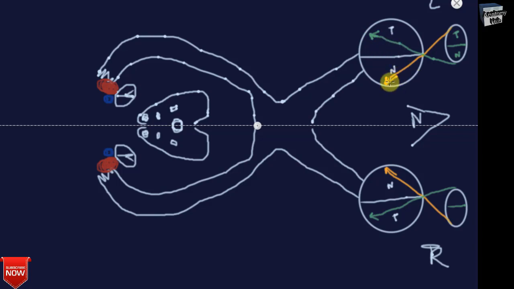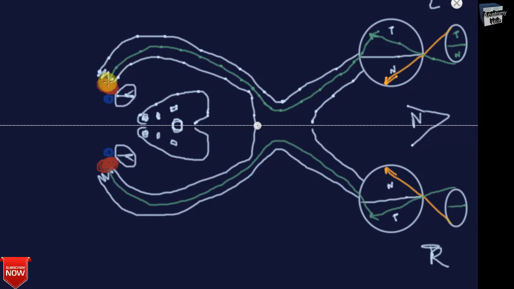Now the nerve fibers from the temporal retina come through the optic nerve, and they pass ipsilaterally without crossing towards the optic tract, and they reach the lateral geniculate body.